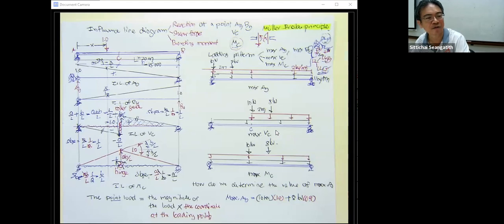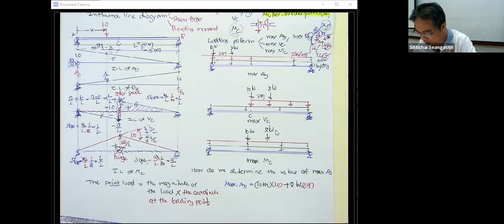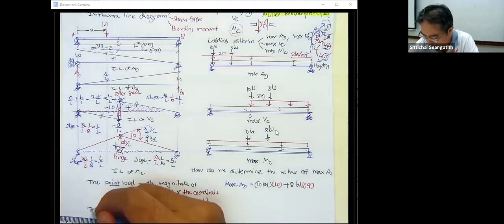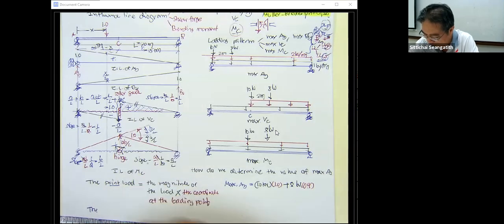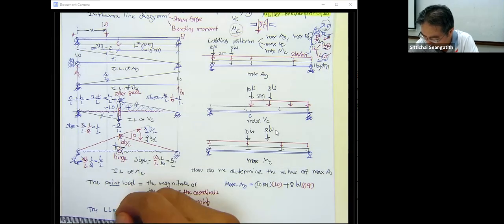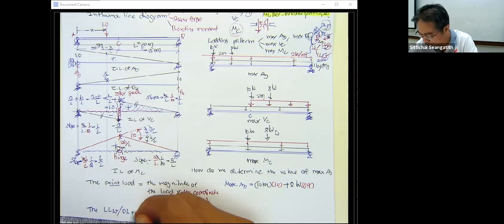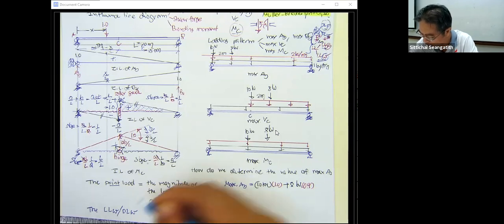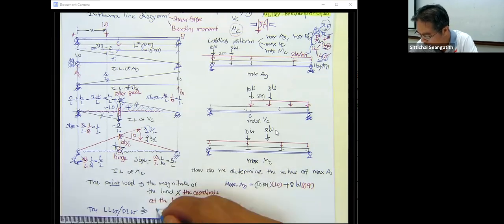And then there is the uniform load, the live load W and also the dead load W. You can determine it from the magnitude of the load.